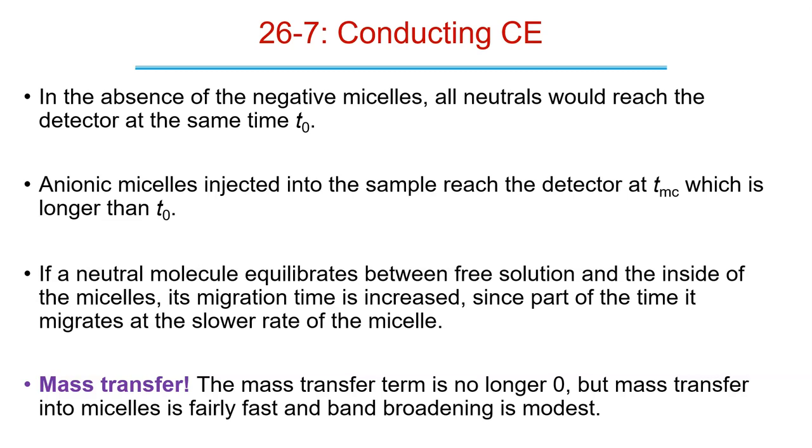The good news is that the band broadening is modest because the mass transfer is still very small, and what we need to remember is that the stationary phase is still moving. Everything's under this tremendous EOF. So the mass transfer is just enough to help us with our neutral compounds, but not too much to significantly broaden our peaks. So we're not going to freak out just yet.